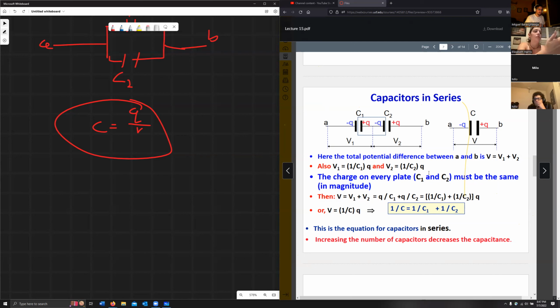So the series equation is 1 over C. One of the things with this is that sometimes they'll ask you what is the capacitance. The way you want to think of it is 1 over C total is equal to 1 over C1 plus 1 over C2, all the way to however many capacitors you have in the series.